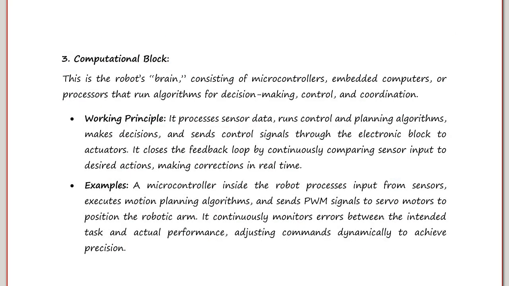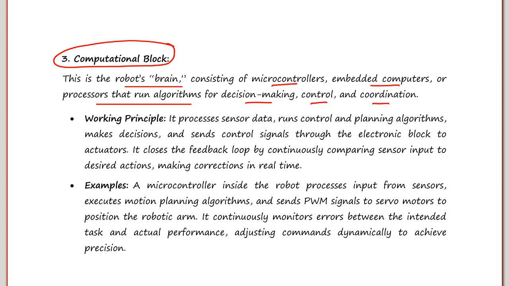Okay. Next comes the computational block. Now, this is basically the robot's brain, right, consisting of microcontrollers, embedded computers or processors that run algorithms for decision making, control and coordination.